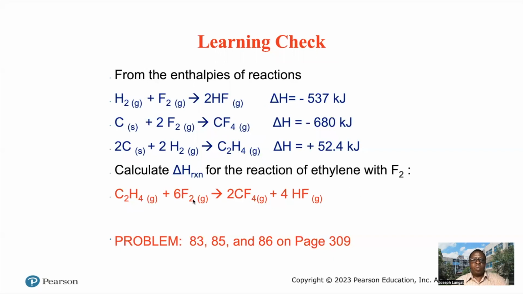So you have to study the overall and ask yourself, how did we end up here? For example, ethylene is on the reactant side, and in one of the thermochemical equations, the third one, it is on the product side. So we need to flip equation 3, and the sign for enthalpy for reaction for equation 3 will change to negative once you flip this for ethylene to be on the reactant side.